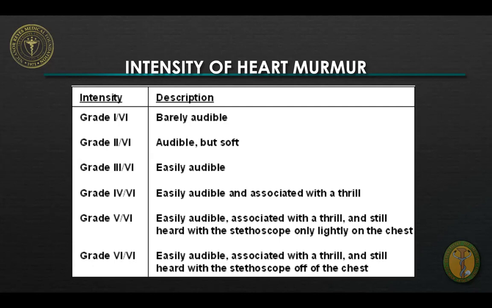Grade 5 is easily audible, associated with a thrill, and still heard with the stethoscope only lightly on the chest. And grade 6 out of 6 is easily audible, associated with a thrill, and still heard with the stethoscope off the chest.